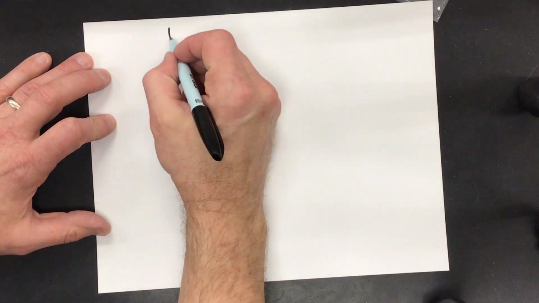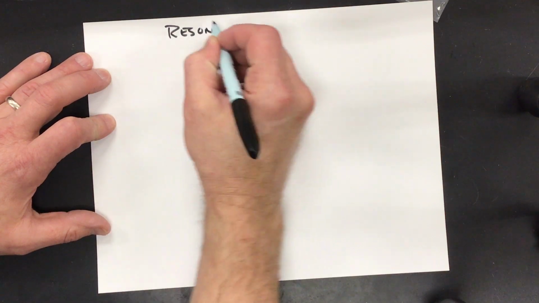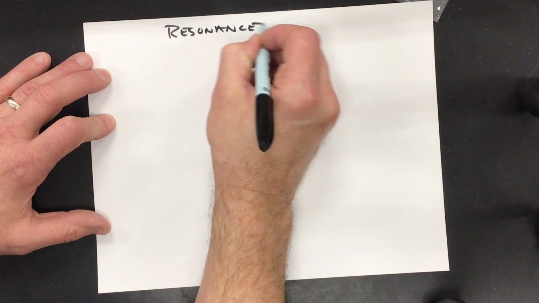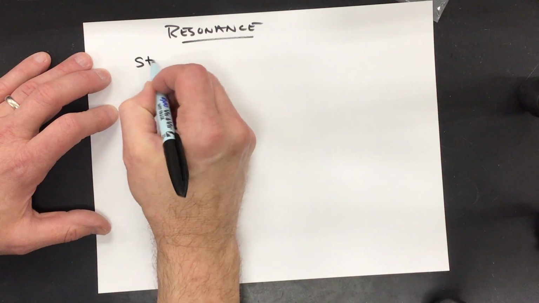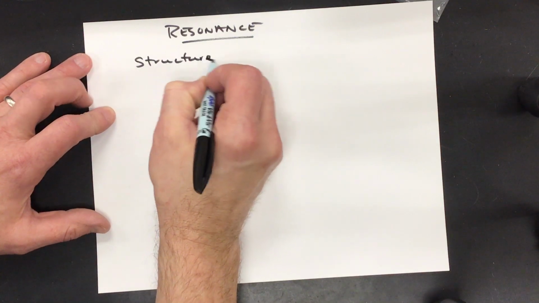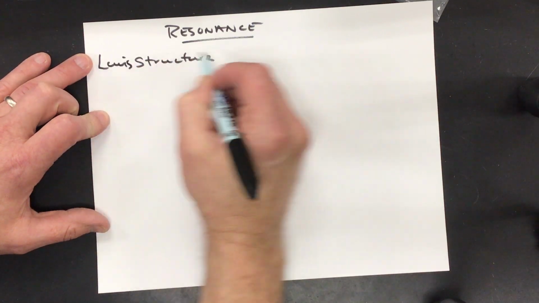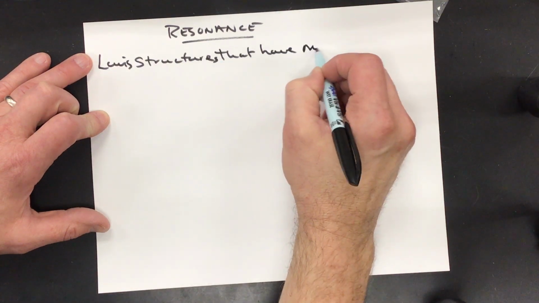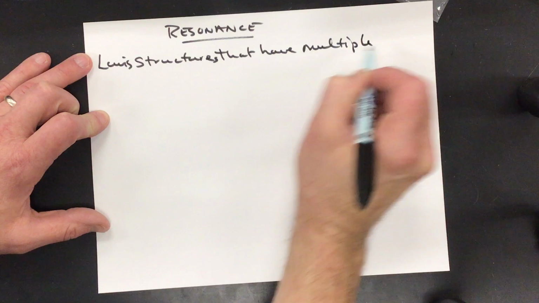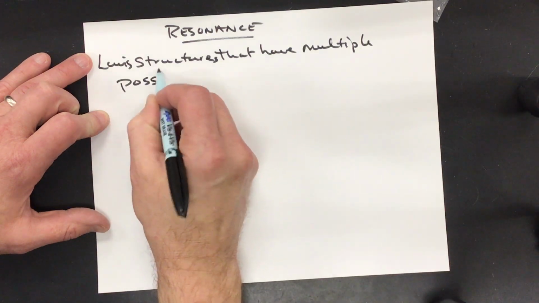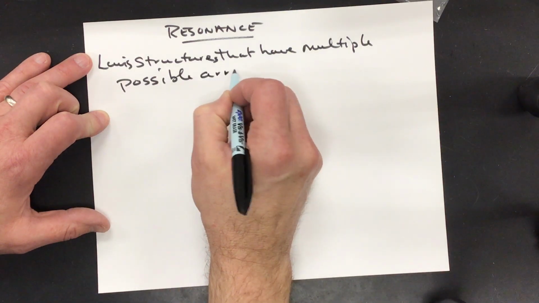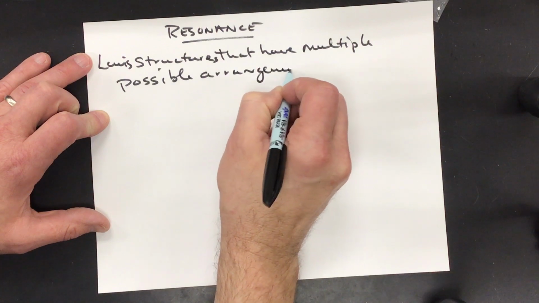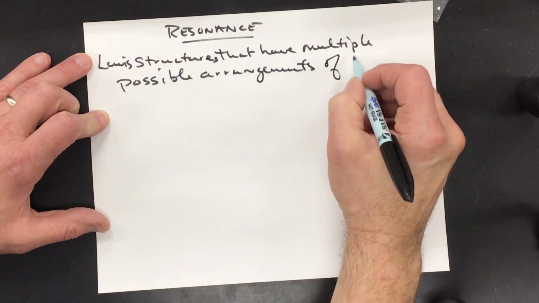Okay, so expanded octets. Another piece that comes out of this is something we call resonance. And resonance really refers to Lewis structures that have multiple possible arrangements of bonds.